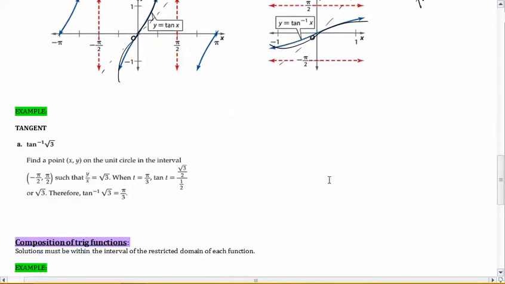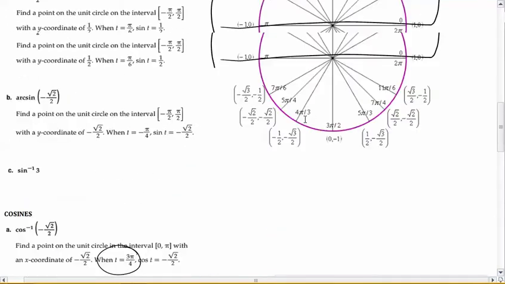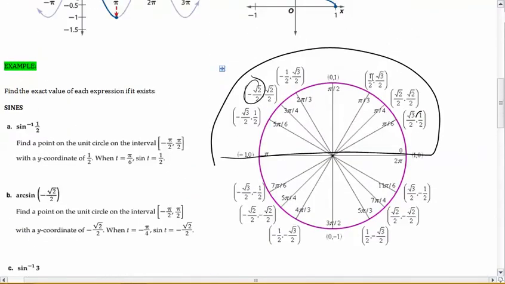So let's look at an example of this. Find tangent inverse of √3. So we want to find a point, an xy on that unit circle, where we have y over x, right? That's what tangent equals, and we get √3. So if we look up here, at pi/3, if we were to do square root of 3/2 over 1/2, that would look like this.